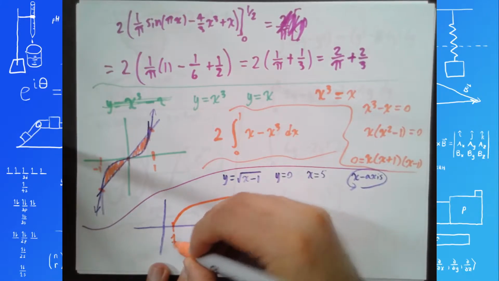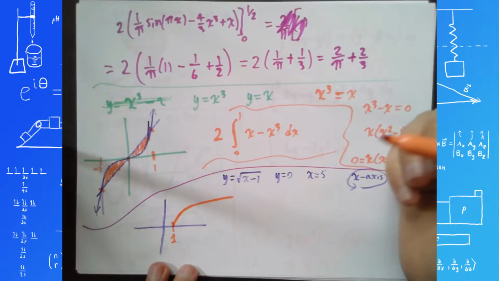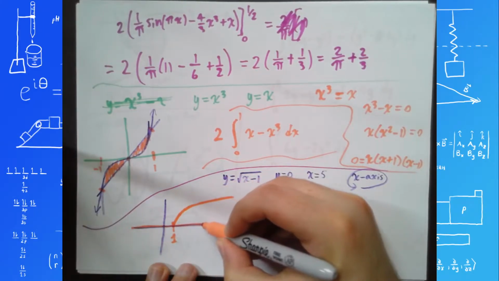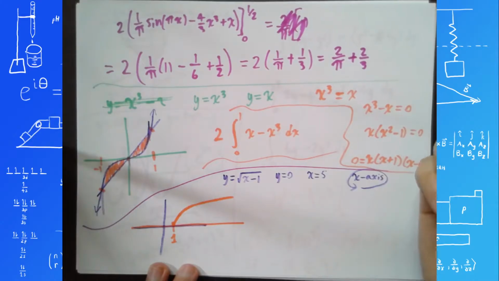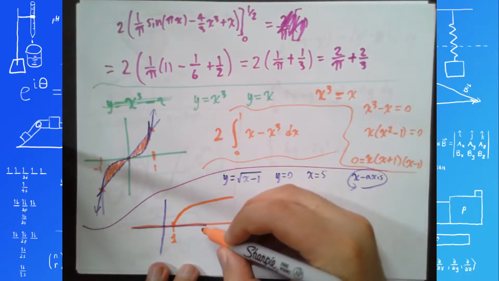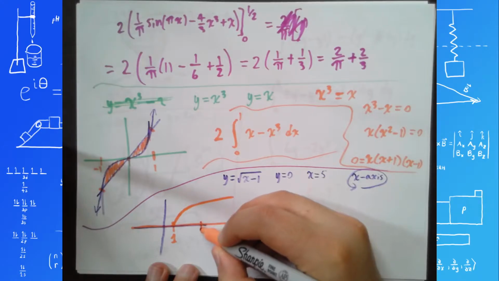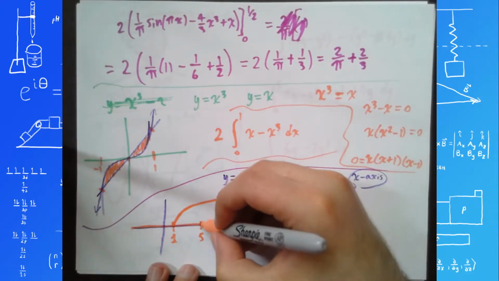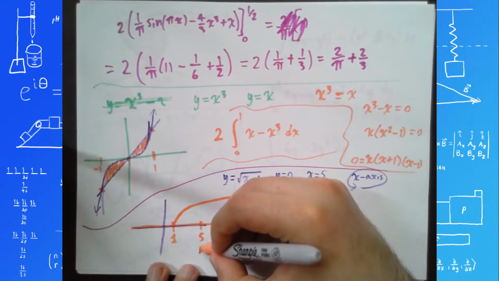And that's at x equals 1. Okay, and then we've got the y equals 0 line is a boundary. And then we've got x equals 5 is a boundary. We'll pretend that this is where 5 is, though that doesn't look like it's to scale. But yeah, there's x equals 5.